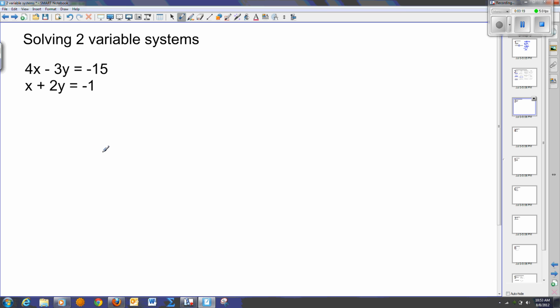So in this first case, we have 4x minus 3y is equal to negative 15 and x plus 2y is equal to negative 1. The first way we're going to solve this is using what we call substitution.